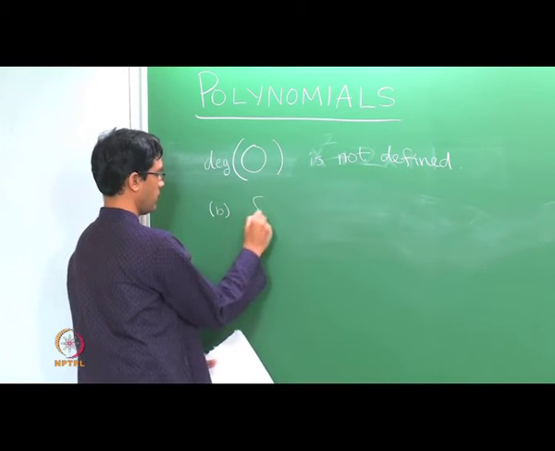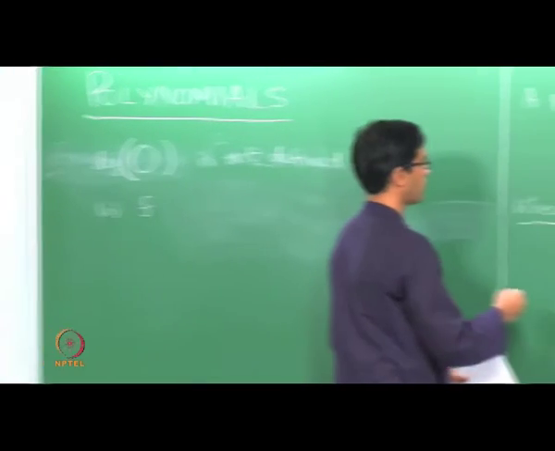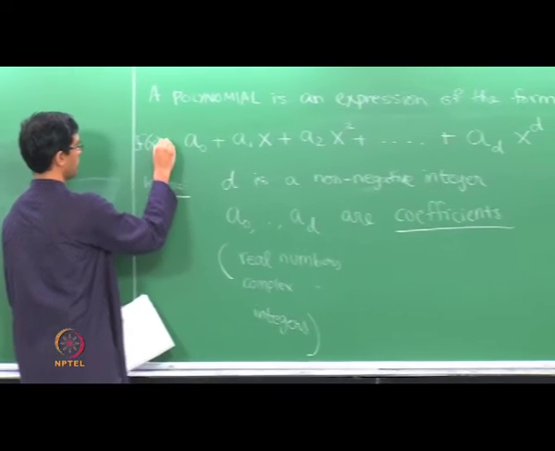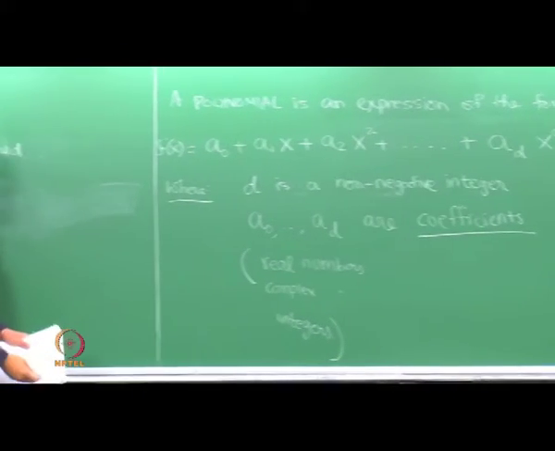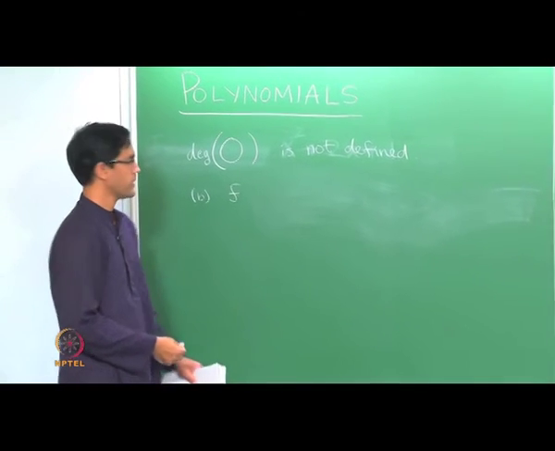Now, often we will use some symbol to denote a polynomial. For instance, we could call this polynomial f of x, or we will use other symbols as well, g of x and so on.